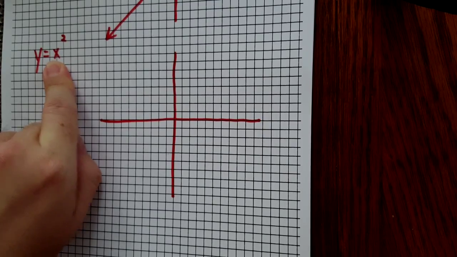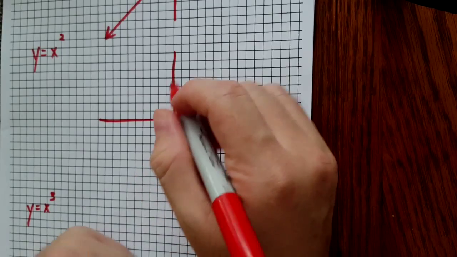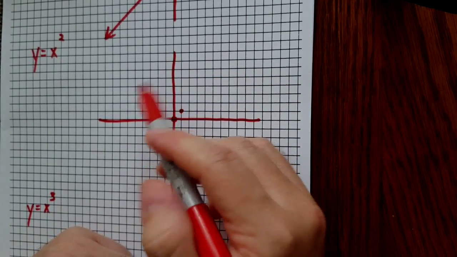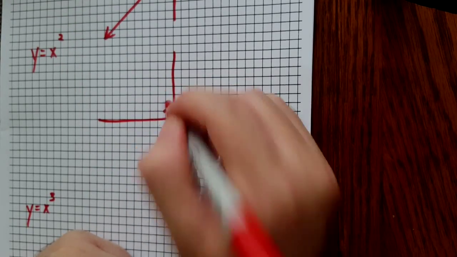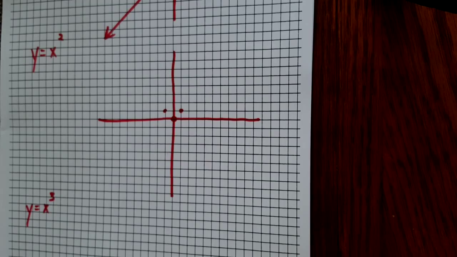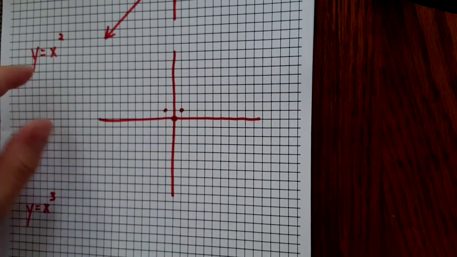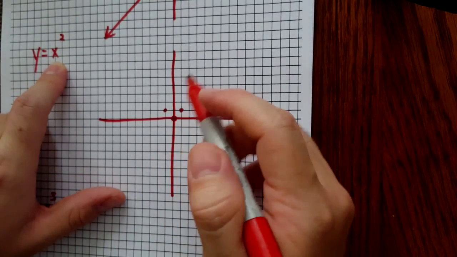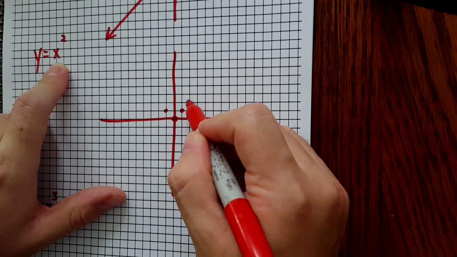Because it's easy. There's nothing to it. When x is 0, y is 0. When x is 1, y is 1. This holds true for negative 1 as well. When x is negative 1, then y is 1. So there's the point negative 1, positive 1. Now it starts to get different when I plug in 2 for x, y then becomes 4.